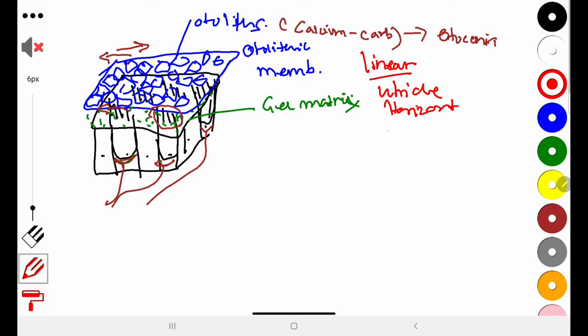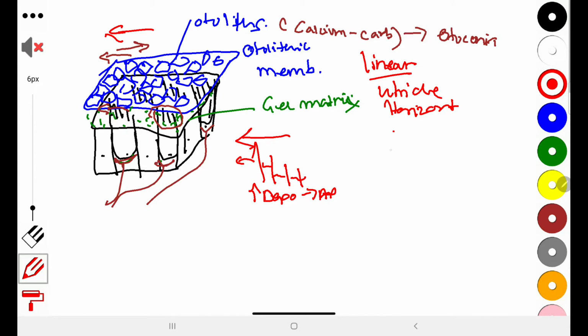So if it moves this way, actually I've done it the other way, but the principle is the same. If it moves this way, you've seen that the hairs are aligned like that. So if it moves this way, again we're talking about tip links. We'll find that there's increase in depolarization and hence action potentials.